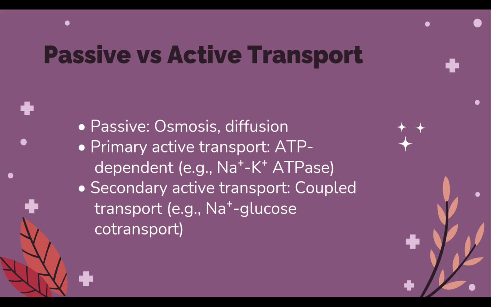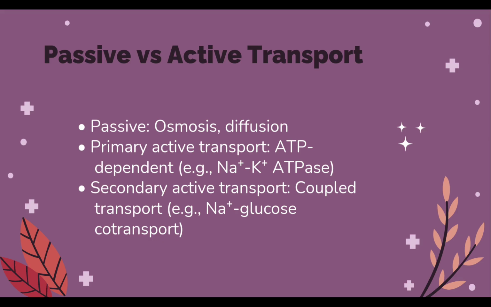So, passive and active transport. In active transport, we move a solute against an electrochemical gradient, and it requires energy derived from metabolism, like ATP. There are primary active transport and secondary active transport.